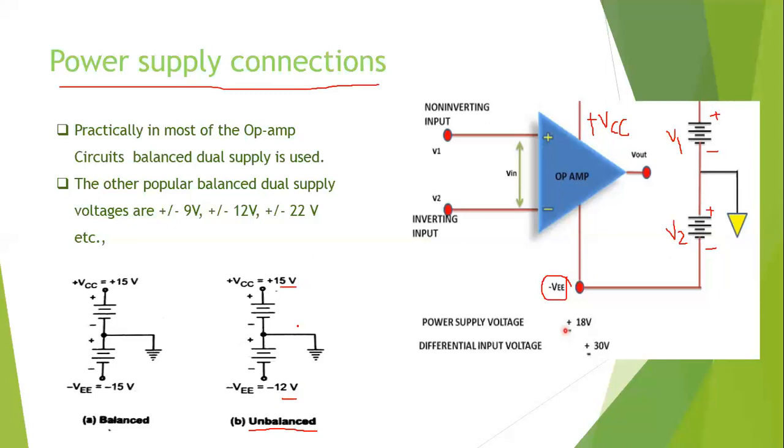The standard is 15 volts, which we will be using. Apart from this, there are other voltages like 9 volts, 12 volts, 22 volts, 18 volts and 30 volts. These are the power supplies that we use.